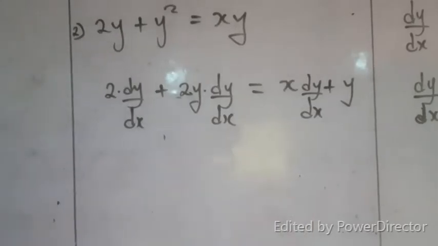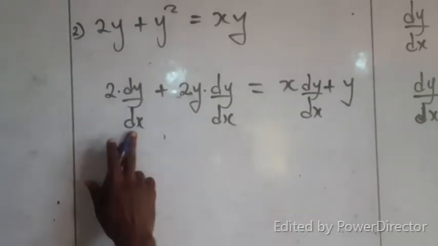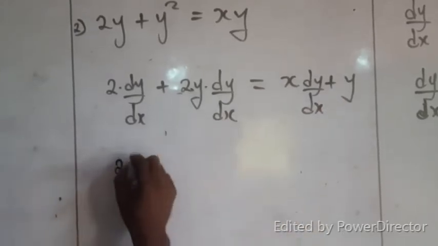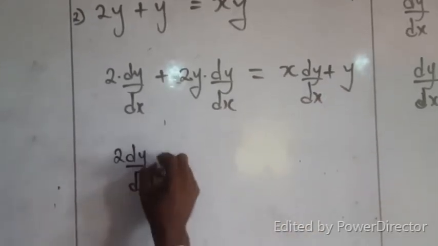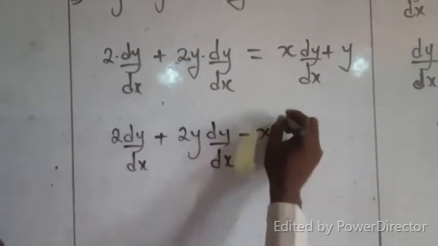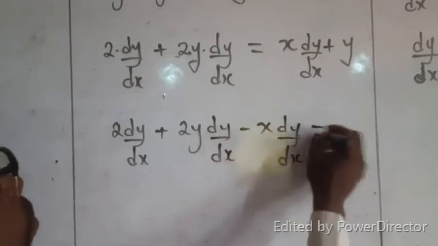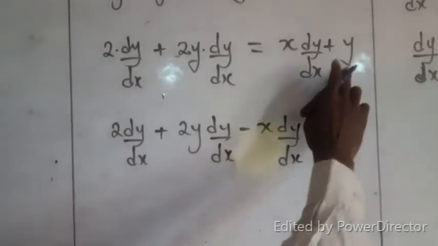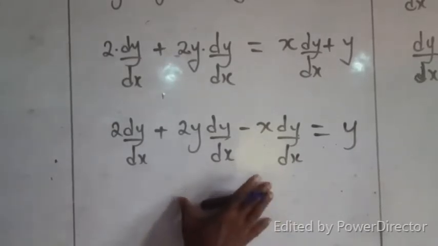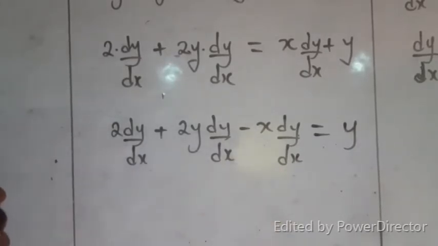You gather all the dy dx together. I have dy dx here, dy dx here, and I have dy dx here. So this is 2 dy dx plus 2y dy dx minus x dy dx is equal to y. y is the only term that does not have dy dx. Now, the sole reason for doing this is we want to factorize dy dx out.